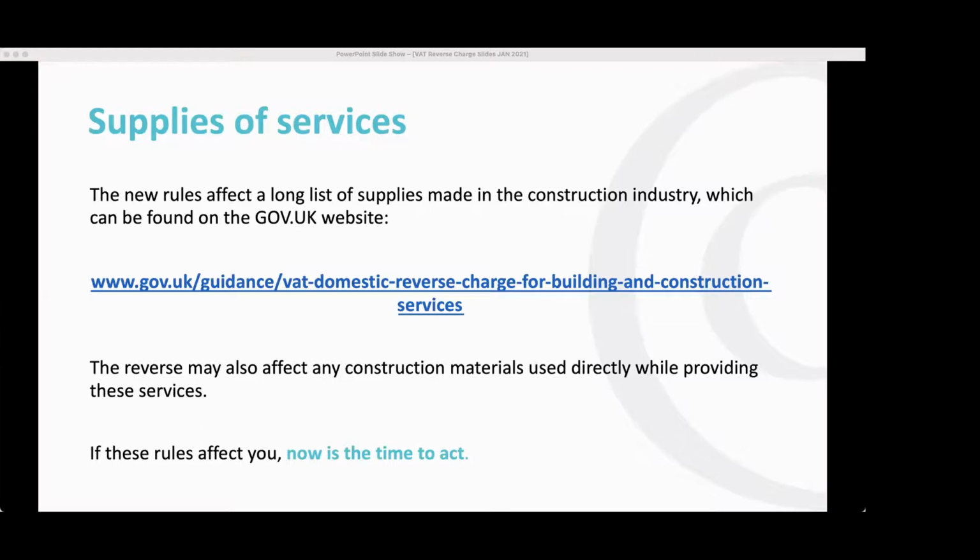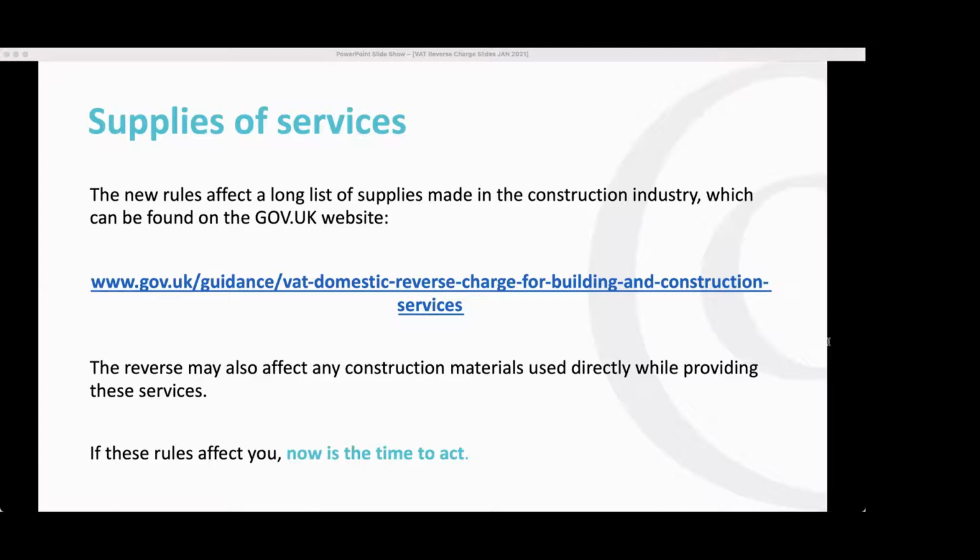HM Revenue and Customs has defined a list of construction services as within the new reverse charge regime, which is quite expansive. It includes services, everything from constructing, altering, repairing, extending, demolishing, or dismantling buildings or structures to the painting or decorating the inside of or the external surfaces.